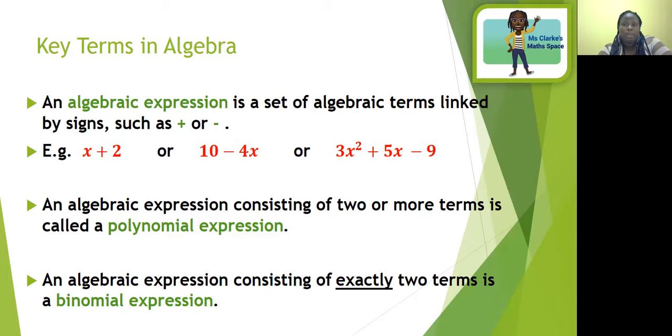Poly meaning many, and bi meaning 2. So a binomial expression would be 2. If it's 3, what do you think it would be? If it's 4, what do you think it would be? All right, so those are some things that you can do research on if you so desire. You may not get this in a multiple choice test or asking on paper 2 question, but it's useful information to know.